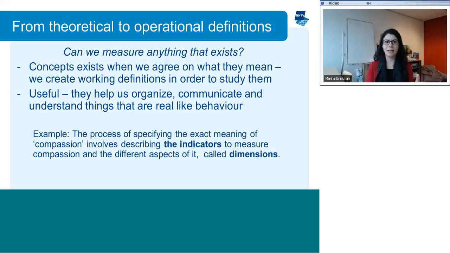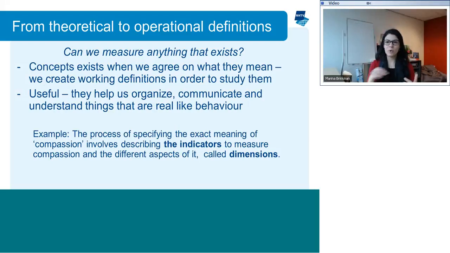So the question is then as well, can we measure anything that exists? Can we measure those theoretically constructed concepts? Well, quantitative researchers will probably answer with yes, especially because those concepts exist based on the idea that we agree on what they mean.